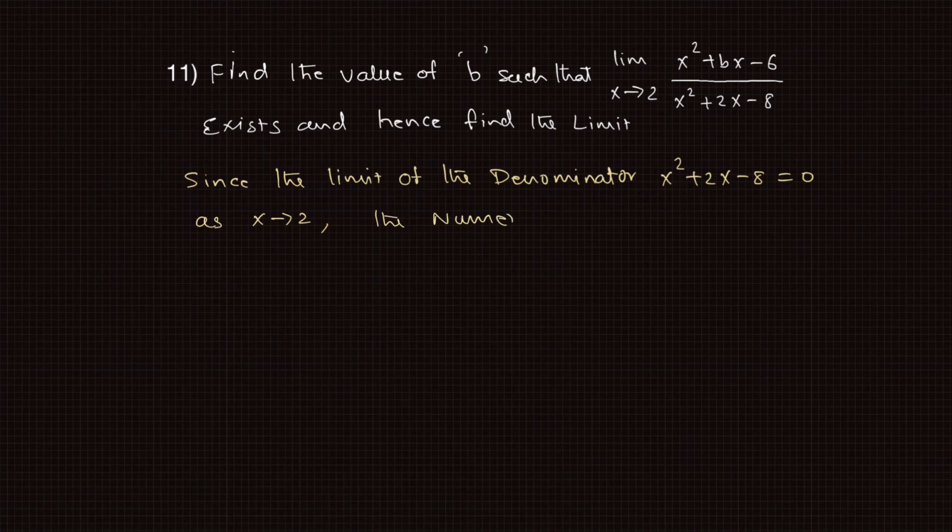So plugging in x equals 2 in the numerator, which is x squared plus bx minus 6, should give us a value equal to 0, which means 2 squared plus b times 2 minus 6 equals 0, which means b equals 1.